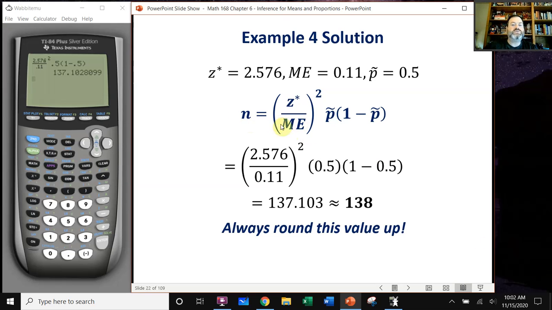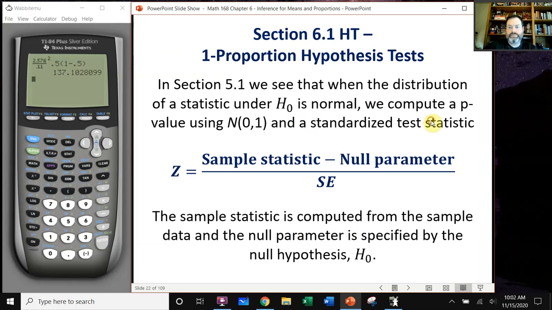If n is too small, so if we round down, this margin of error might not be satisfied. So we just always round up to be safe. If you did it correctly, you should get the right number. Just type it in just the way it looks, and you'll get the answer.